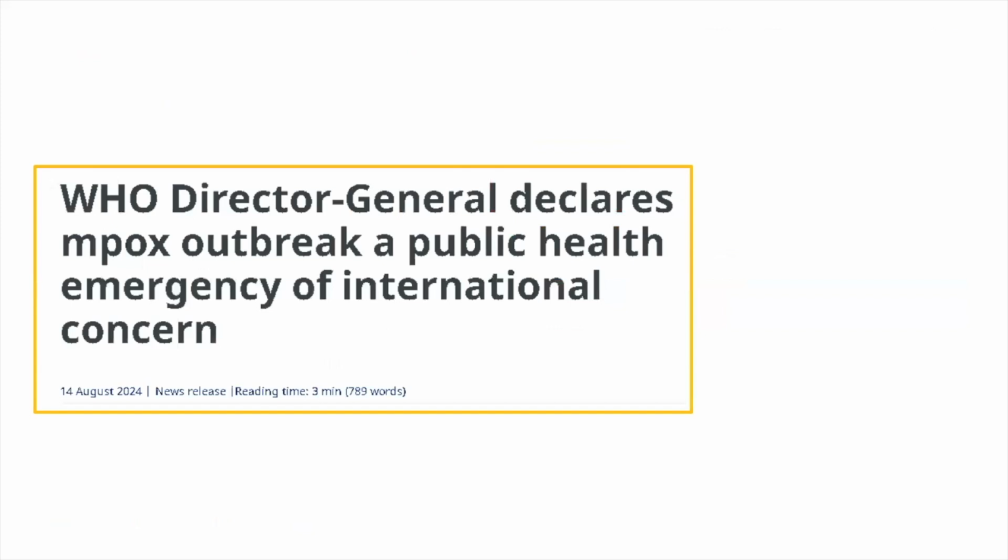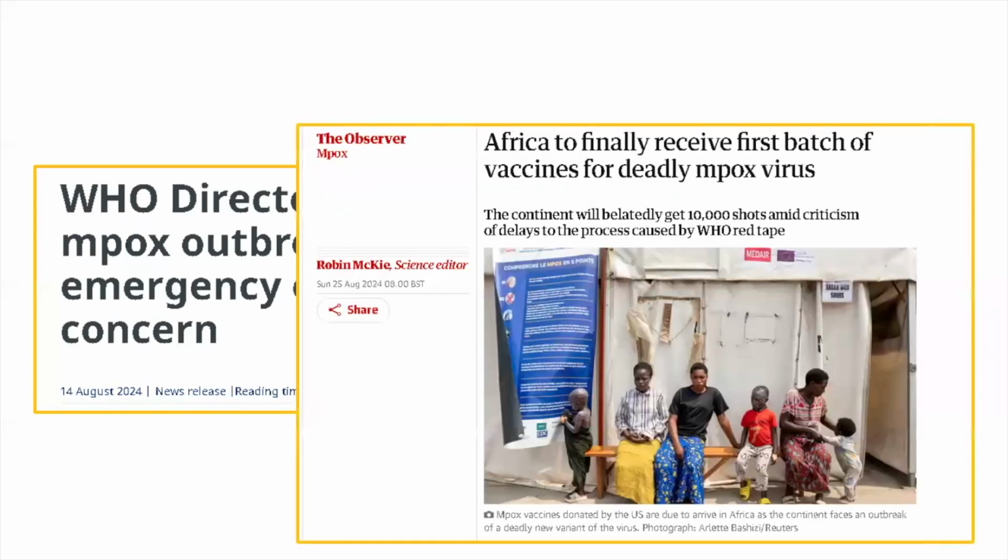And unfortunately, the response to this plight in Africa was too slow, despite the WHO Director General declaring the mpox outbreak a public health emergency of concern. Only this weekend, the first batch of vaccines is going to be arriving. I don't know whether they have arrived or not.